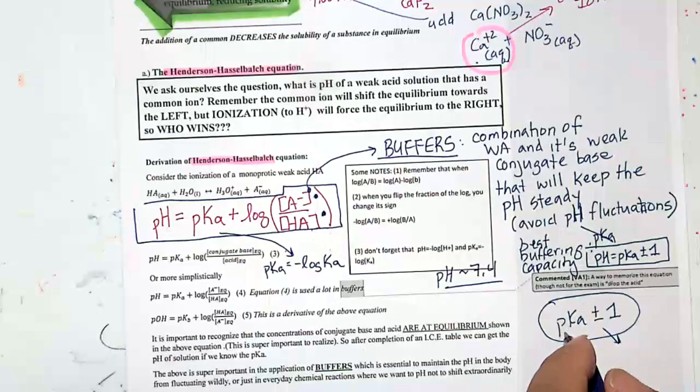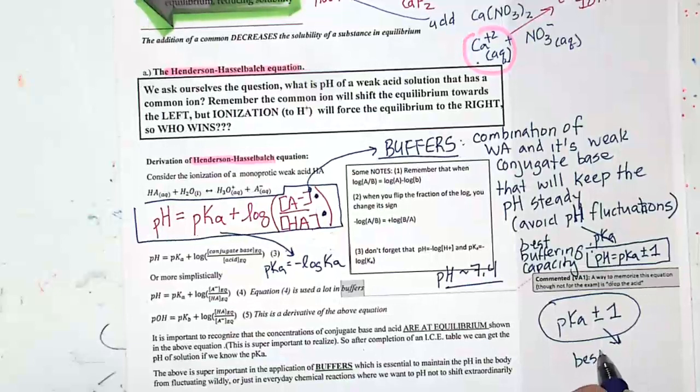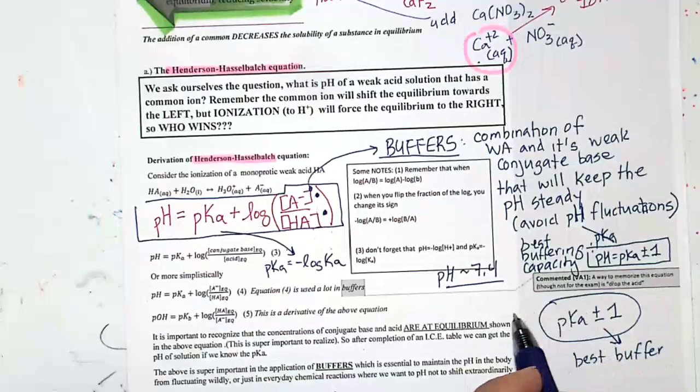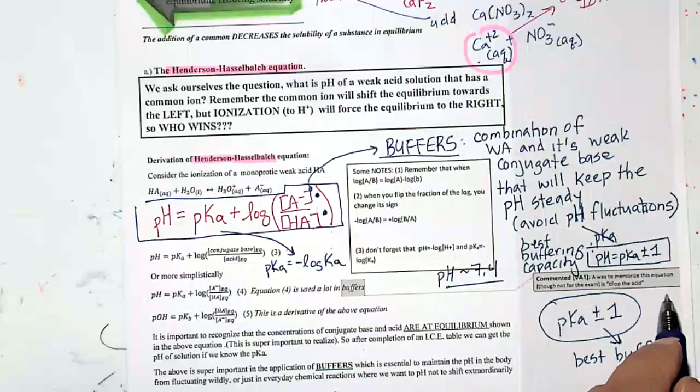If you can get your pH to the pKa of the acid plus or minus 1, this is the best buffer. It can withstand a change within plus or minus 1 pH unit.